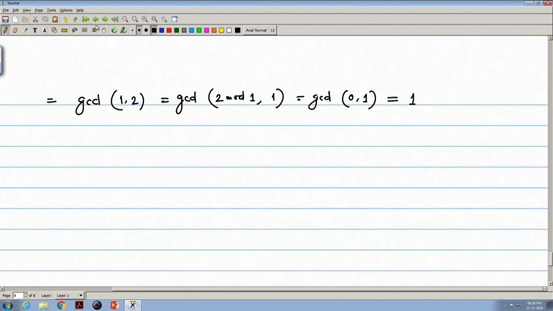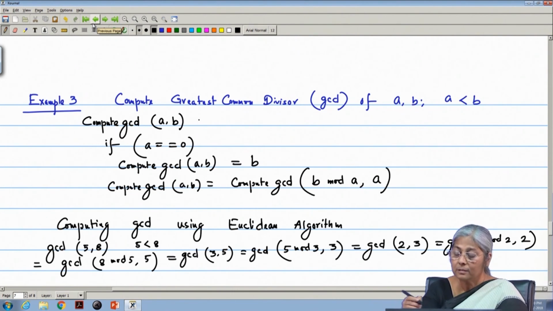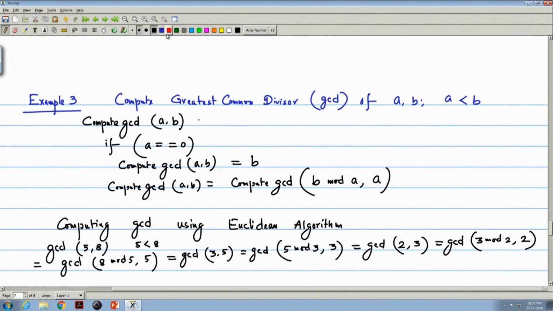So, this is our Euclidean algorithm. Now, see the way we have written it: compute GCD(a, b) is compute GCD(b mod a, a). So, every time we are getting the recursive function with smaller inputs.